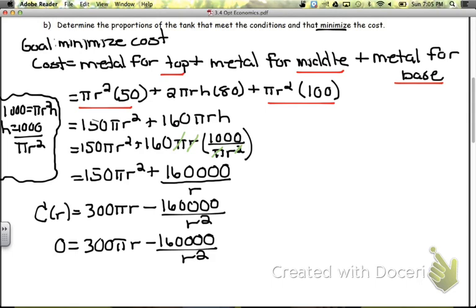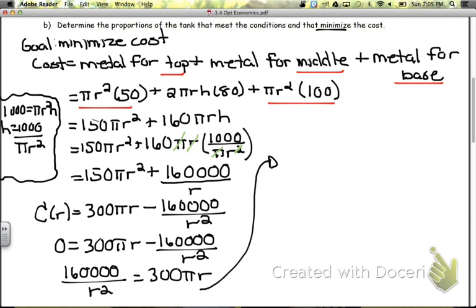Now I can move our 160,000 all over r squared to our left side and set that equal to 300 pi r. So now I can cross multiply here and then continue up here, and what we get is 160,000 equals 300 pi r cubed.